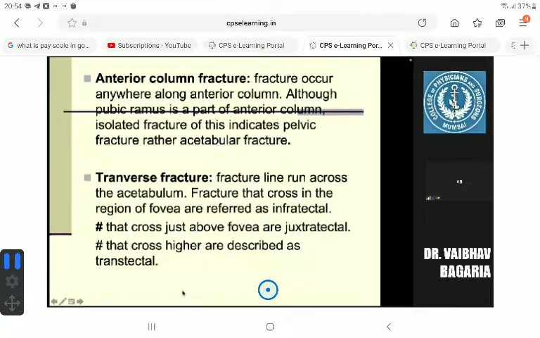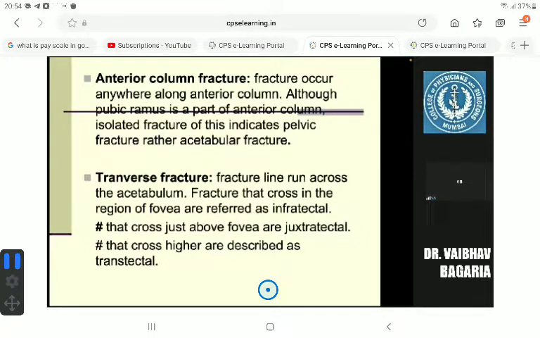Similarly, transverse fractures. The fractures that cross just above the fovea are juxtatectal, and those that are higher are described as transtectal.